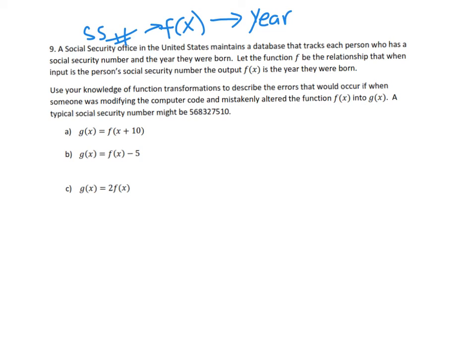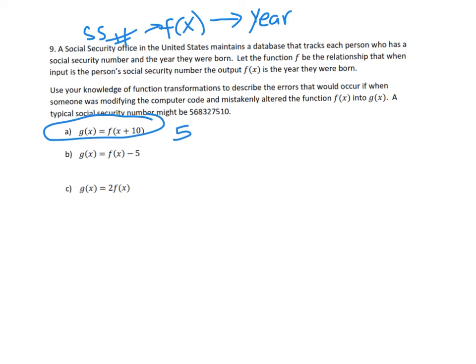So what would happen if somebody was messing with that database and they made some errors? In the first one, the function is going to change so that instead of f of x, it's f of x plus 10. What kind of answer would you get?